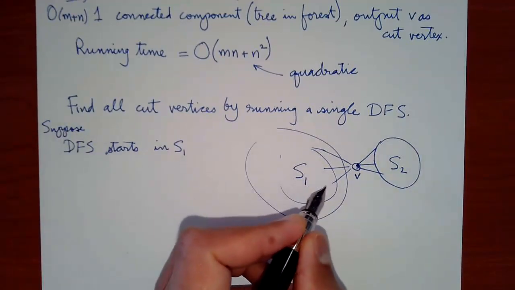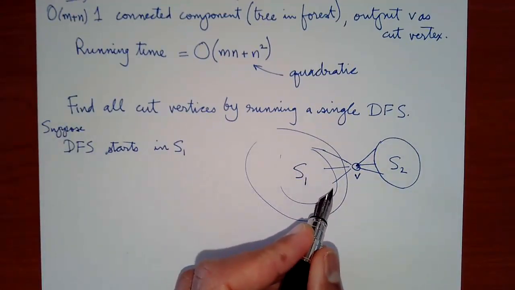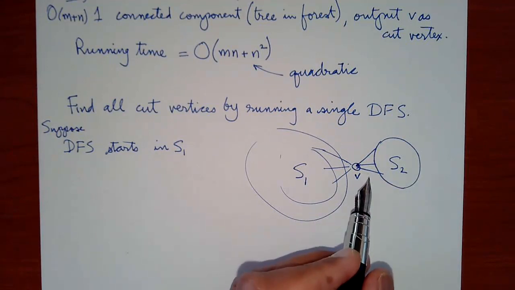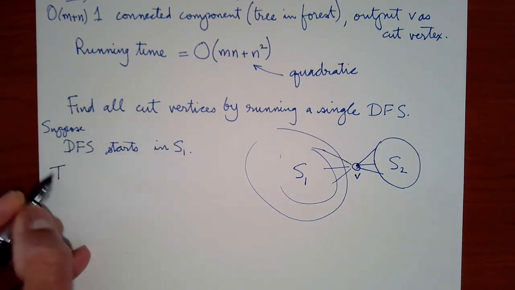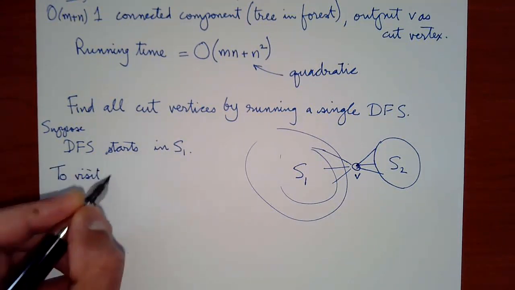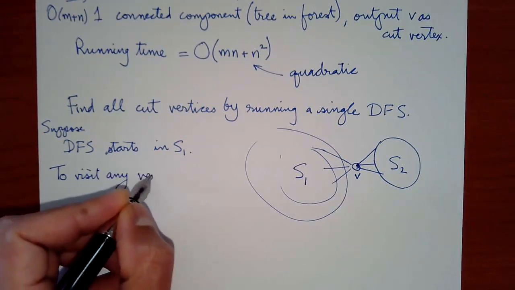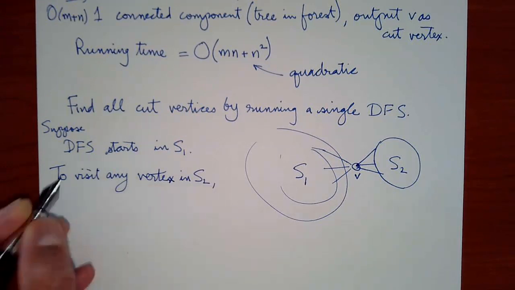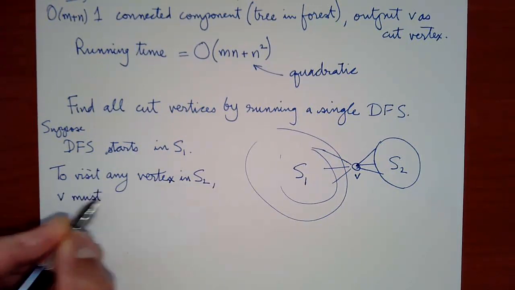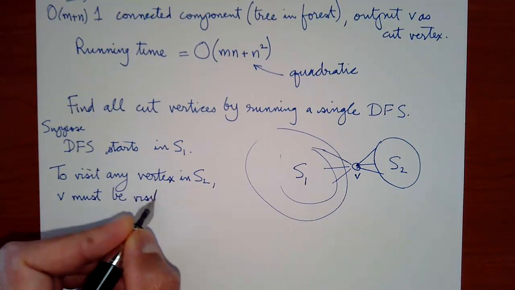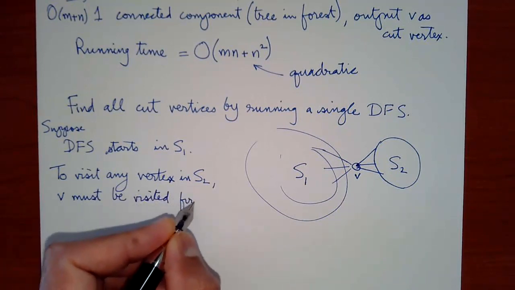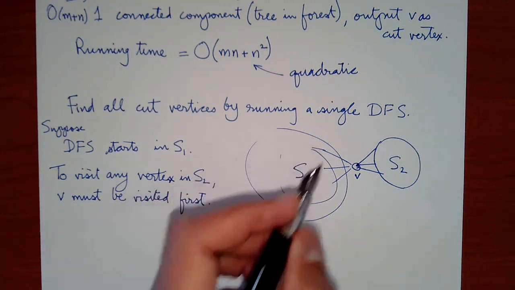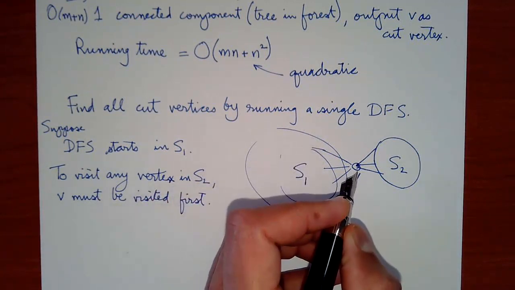Now observe that there's no way for DFS to visit S2 without visiting S1. To visit any vertex in S2, V must be visited first. So at some point, V is visited.